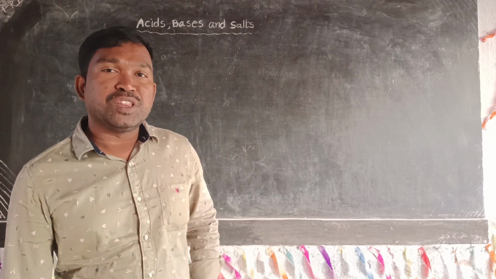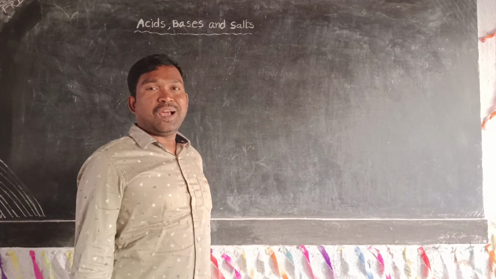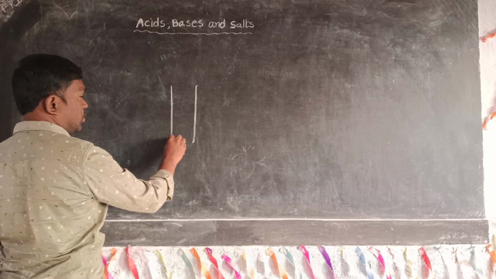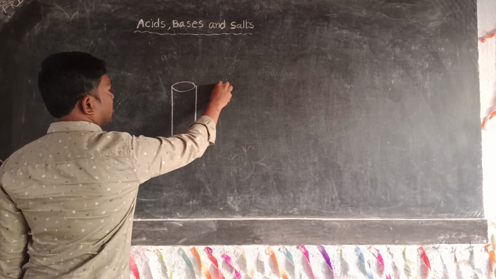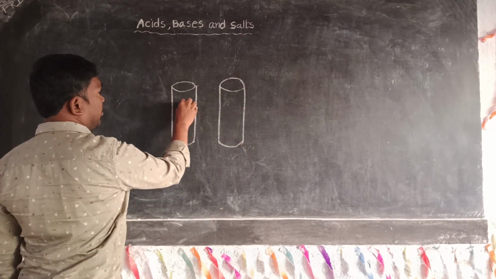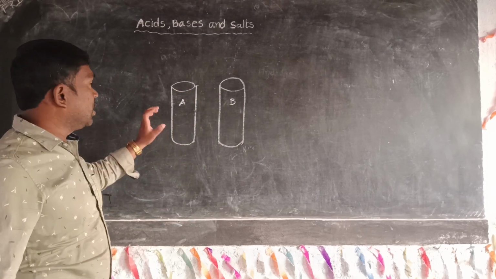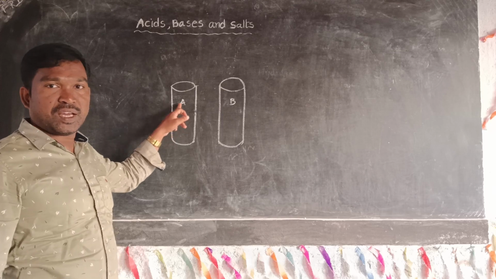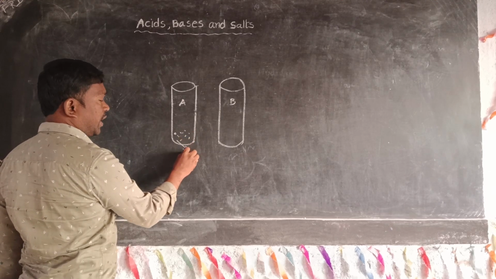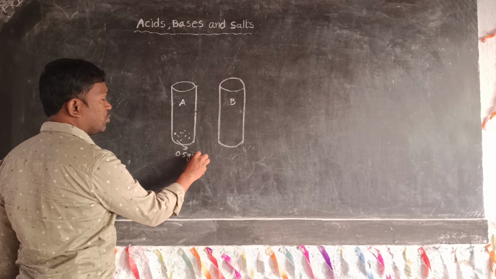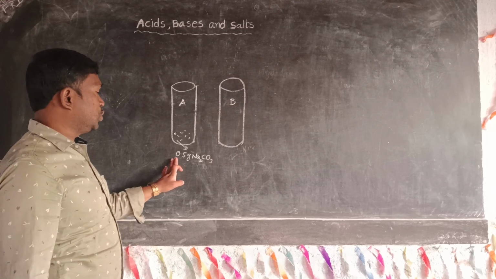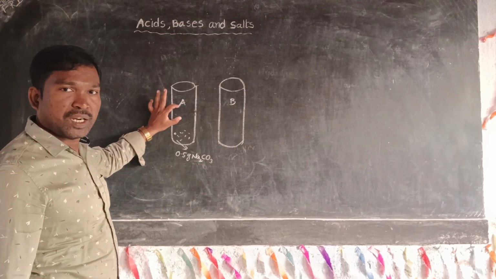Take 2 test tubes and mark the labels A and B. In the first test tube, take 0.5 gram of Na2CO3, which means sodium carbonate.